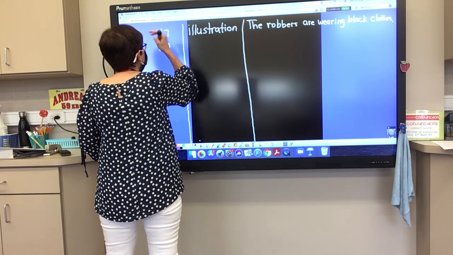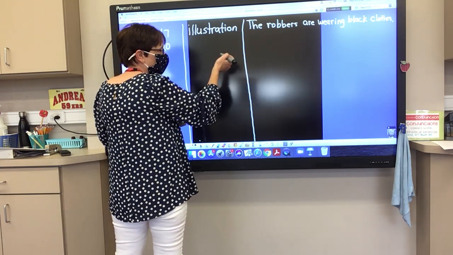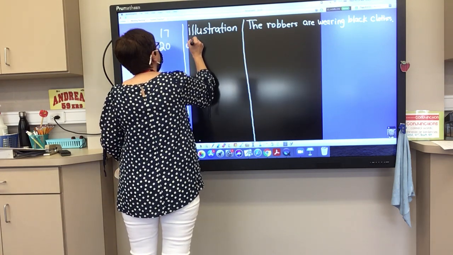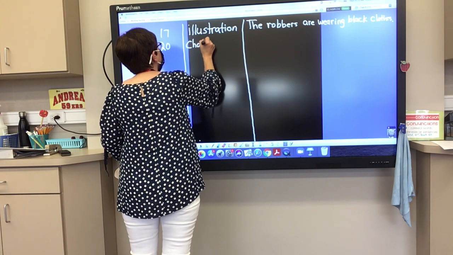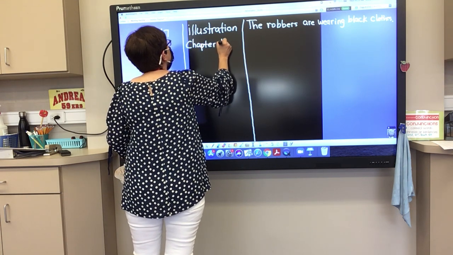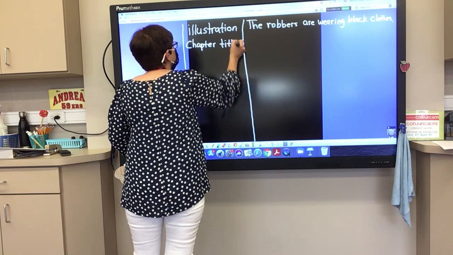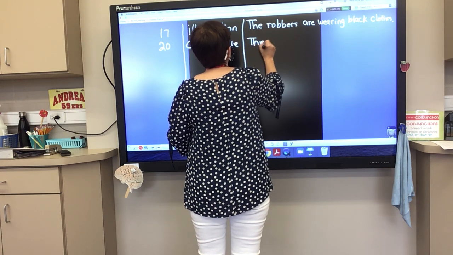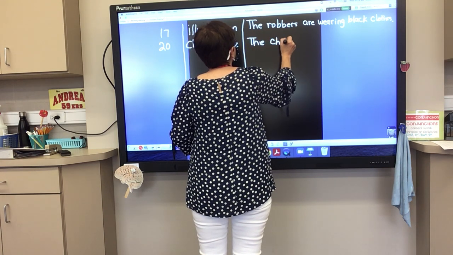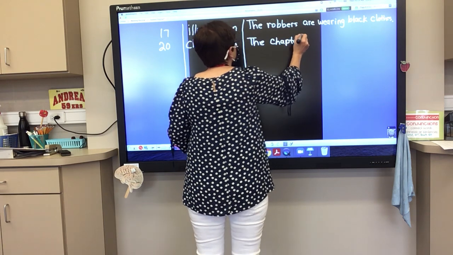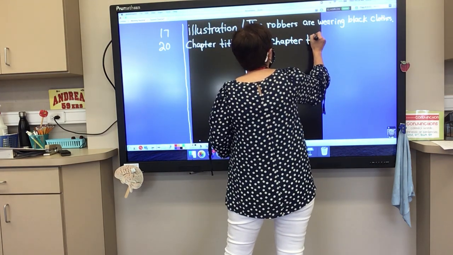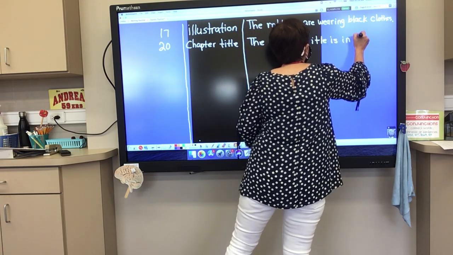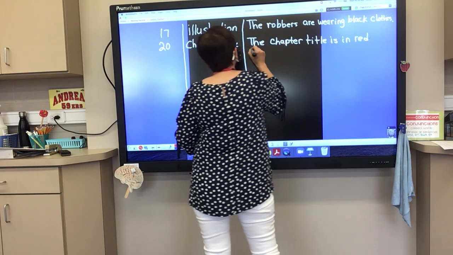So what we have there is, what did we call that? A chapter title. So we have a chapter title, and it is in red bold print.